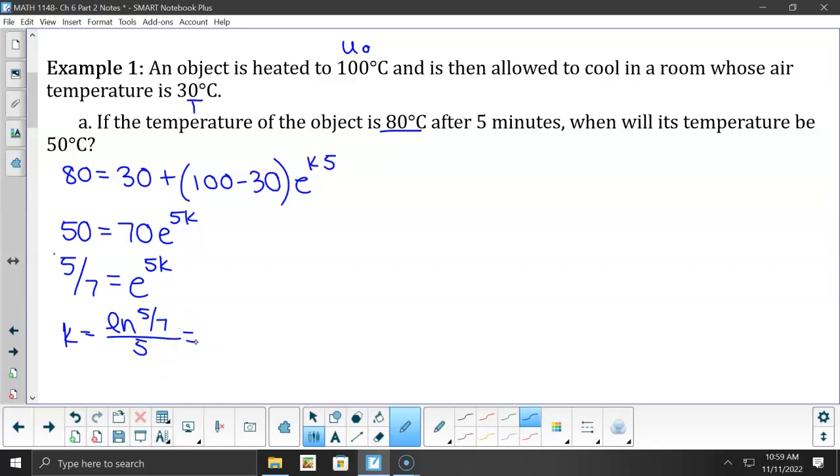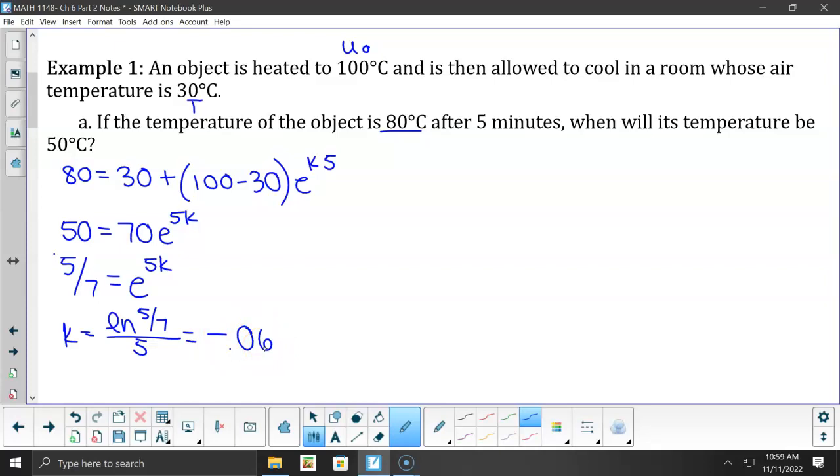So what do you get? All right, so negative 0.06.